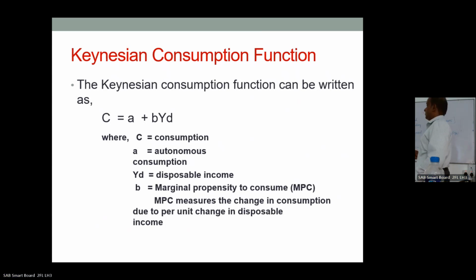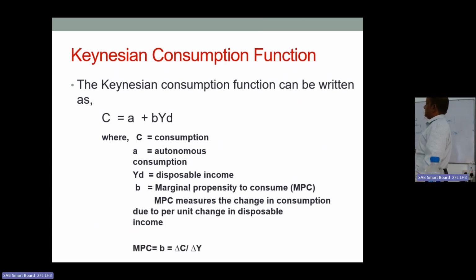Our income change, delta Y, equals delta C plus delta S. It is less than 1. If it were 1, it would mean we consume our total income. Normally it is less than 1.